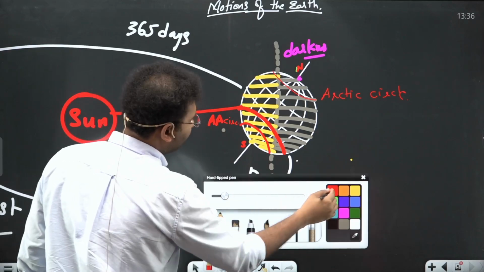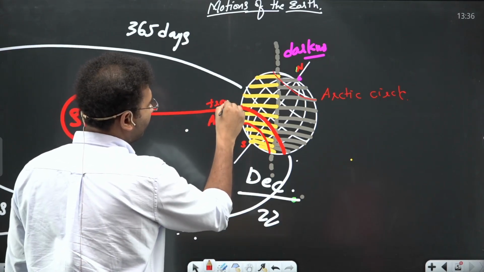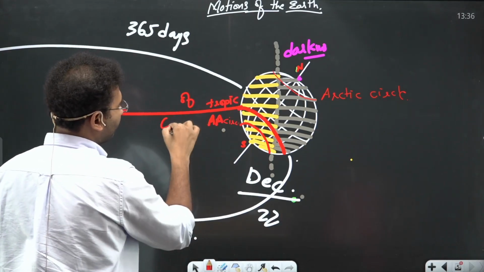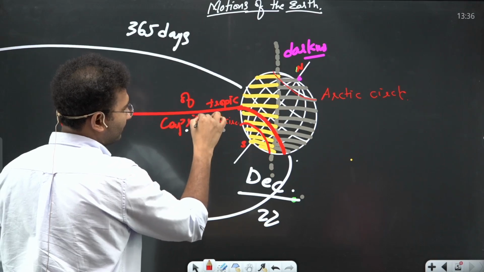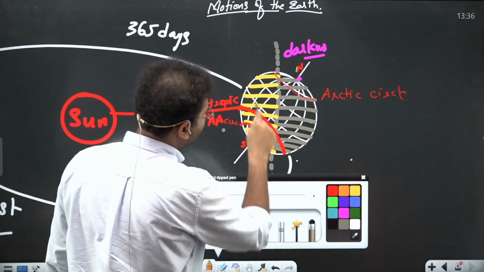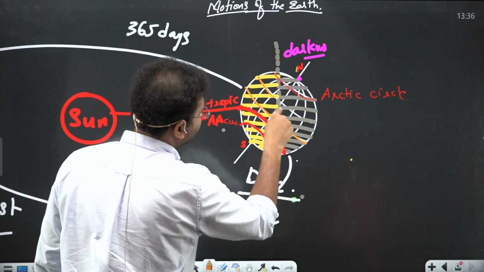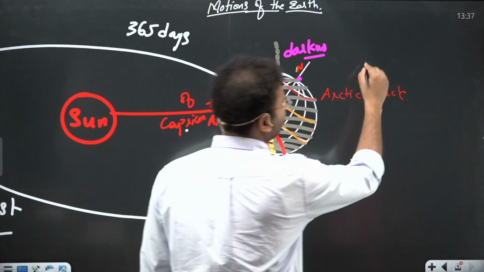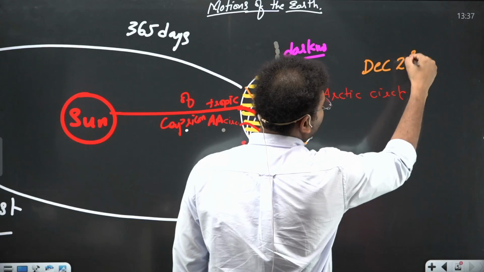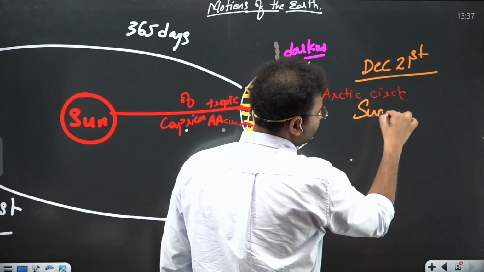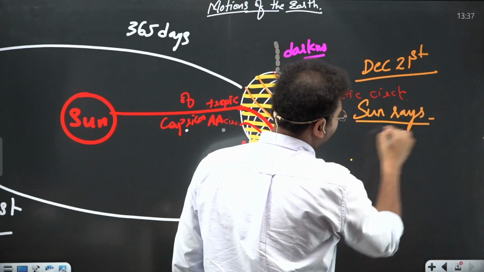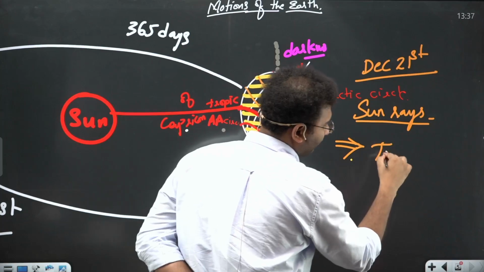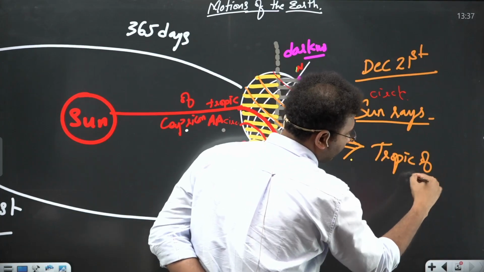Your sun rays are directly falling on Tropic of Capricorn, okay? And this is your equator, and this is your Tropic of Cancer. So on 21st of December, sun rays directly fall on Tropic of Capricorn.